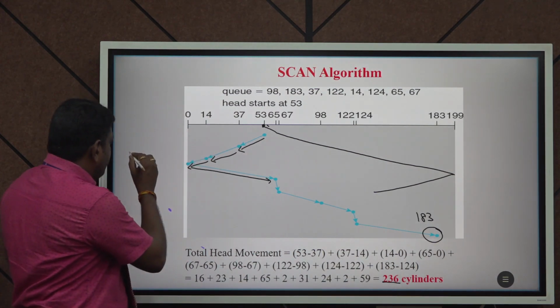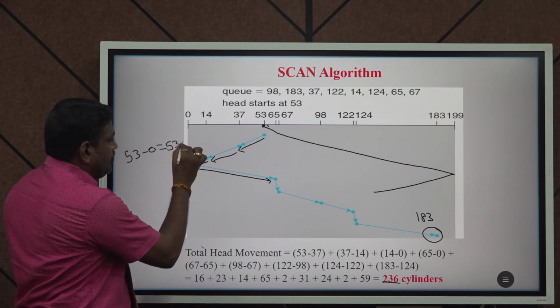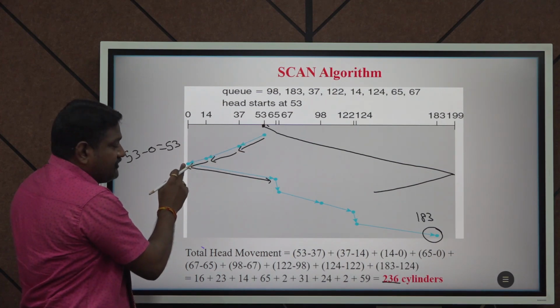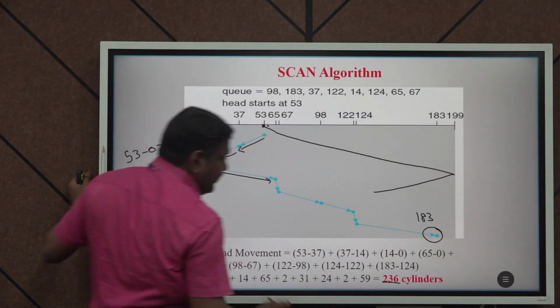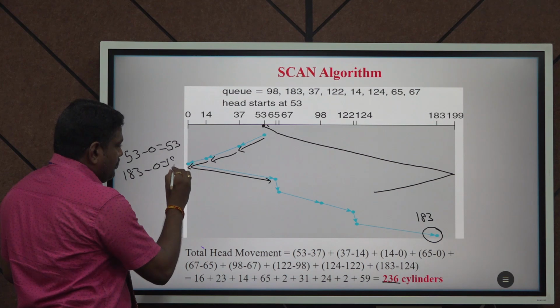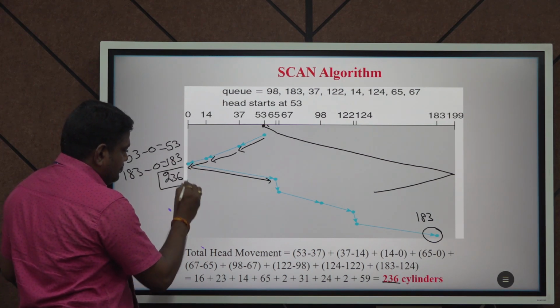We can take the difference 53 minus 0, which is 53, since we started at 53 and moved towards the left to 0. Then from 0 we move towards 183.